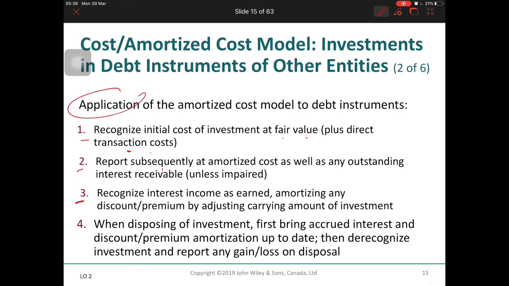The third is recognize interest income as earned, amortizing any discount or premium by adjusting the carrying amount of the investment. And number four, when disposing of the investment, first bring accrued interest and discount or premium amortization up to date, then derecognize the investment, meaning remove the investment and report any gain or loss.